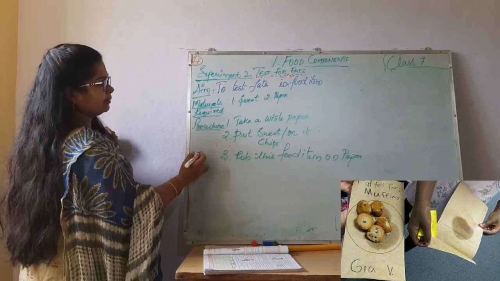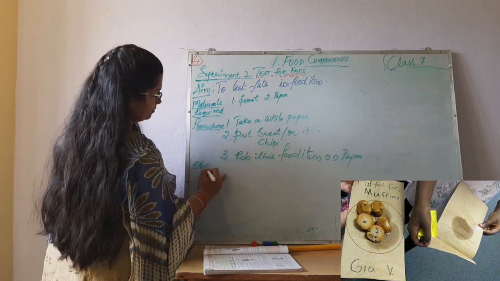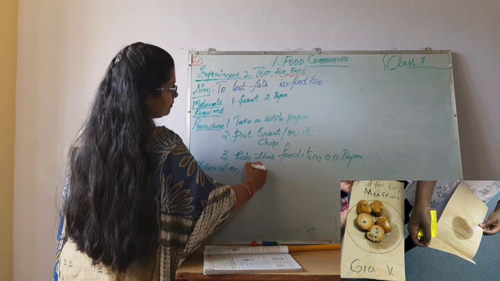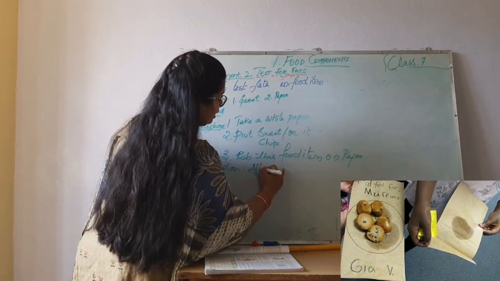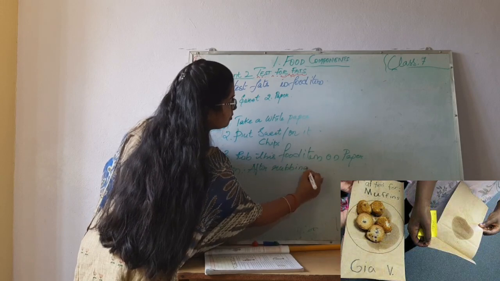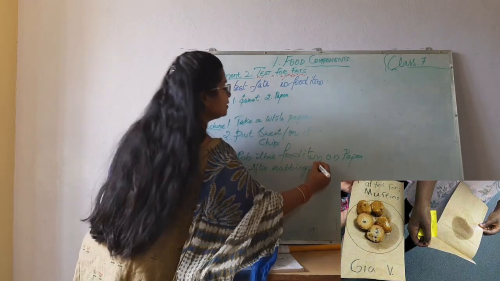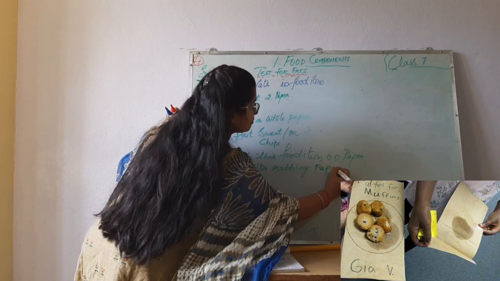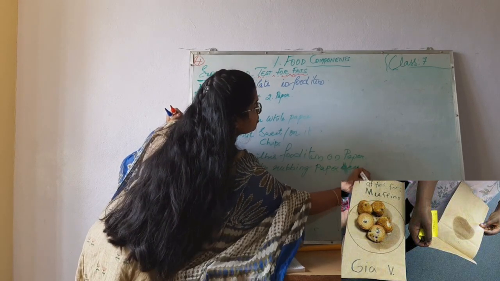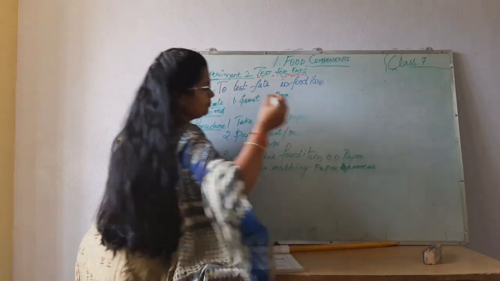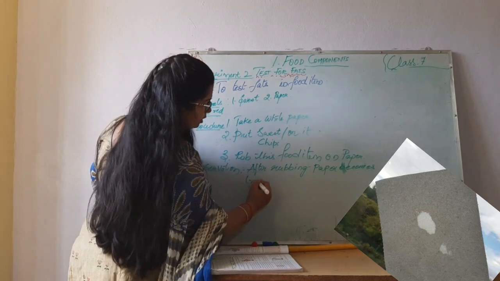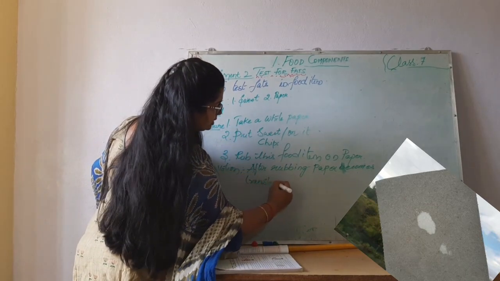What will you observe? Observation: after rubbing, the paper becomes translucent. What do you mean by translucent, children? Translucent is an object which allows partial light to pass through it.